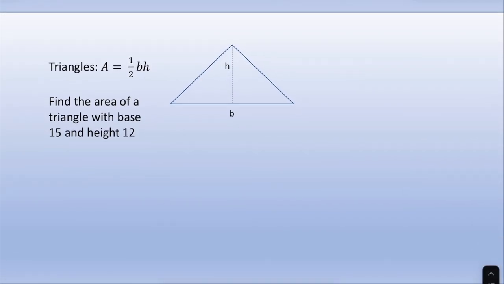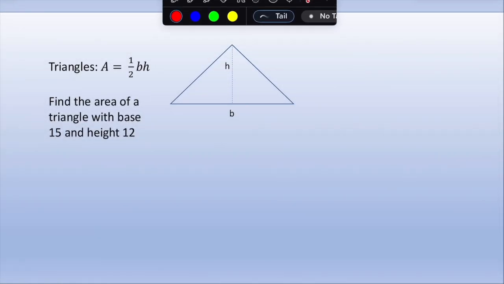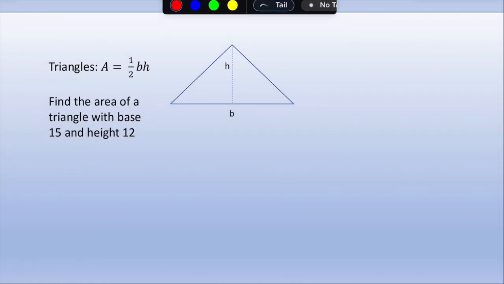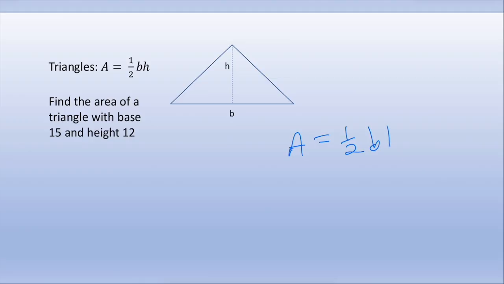What about the area of a triangle? The formula you need to know there for the area of a triangle is 1/2 base times height. So let me write that down. Those are all multiplied together, half of the base times the height.